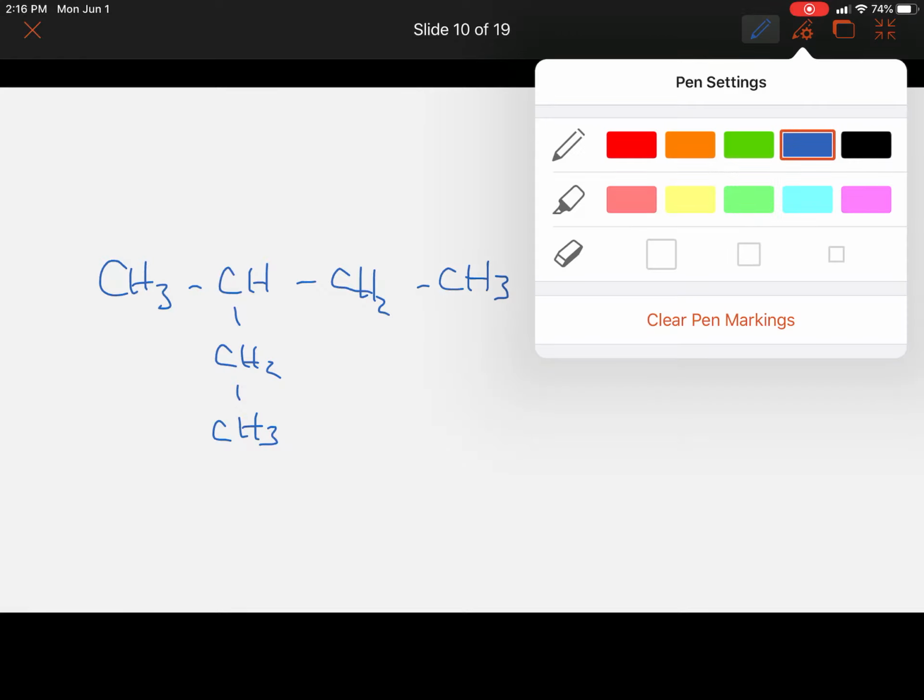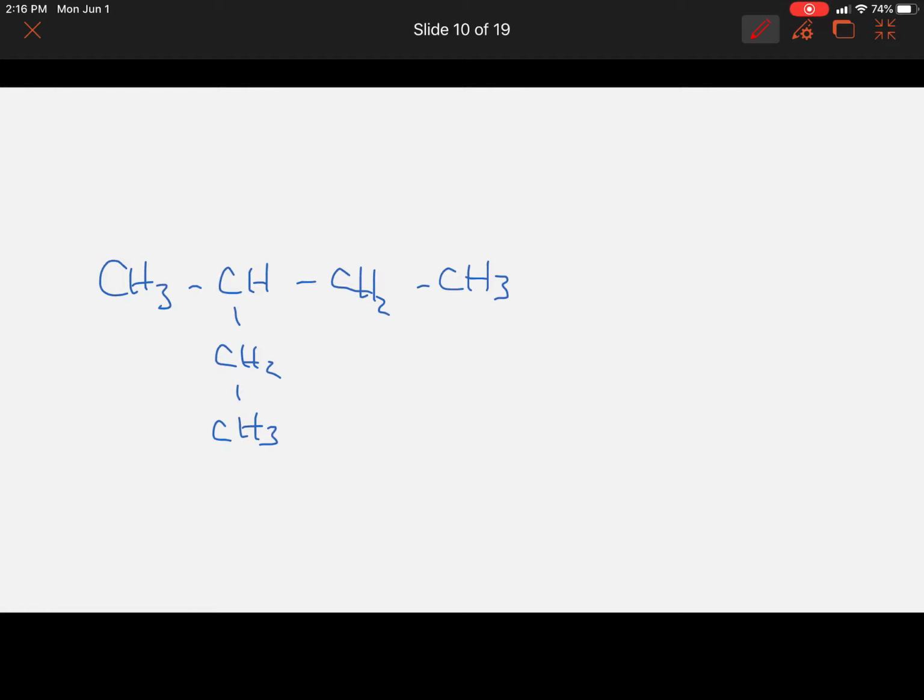All right, we're gonna do another one. So this one I've got a CH3, a CH, a CH2, a CH3, and a CH2, and a CH3. Okay, so this is my molecule. You're first going to determine the longest chain. People always get tricked here, because if I asked you this in class, you would probably say 1, 2, 3, 4, because this one's 1, 2, 3, right?